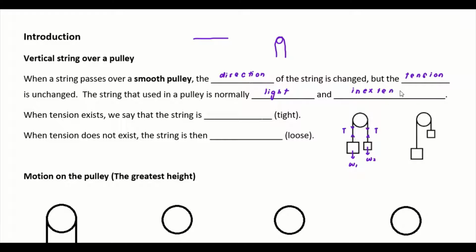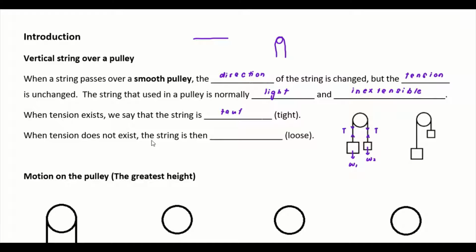Inextensible means the string cannot be stretched, so it's not a springy one that you can make longer or shorter. When tension exists in the string, we say that the string is taut, as if it's tight.